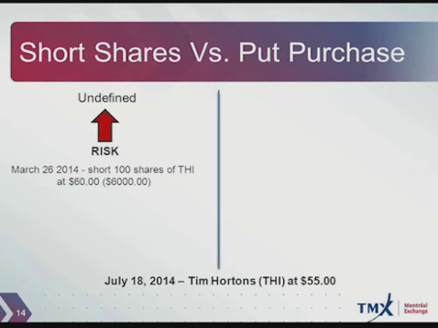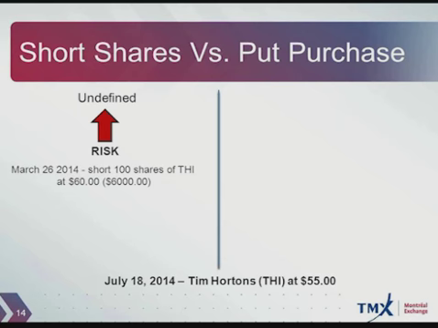Now, of course, if the shares go up in value, the short seller has an obligation to return those shares to their rightful owner, in a manner of speaking. And so what happens is if the short seller borrows the shares at 60 and sells them, they collect $60 per share. The idea is that if the shares drop down to 55, well, they basically buy to cover at 55, they deliver the shares back at 55, and they keep the $5 difference.